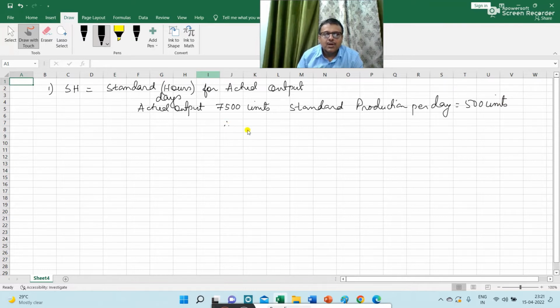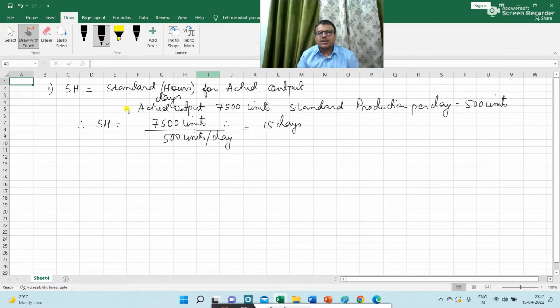Therefore the standard hours, or SH, for actual output will be equal to 7,500 units divided by 500 units per day. So this will be equal to 15 days. So your standard hour, that is the standard days for actual output, will be equal to 15 days.